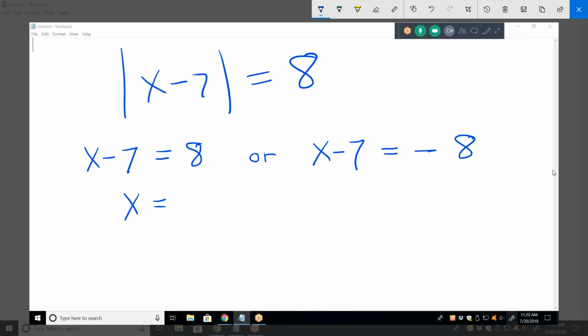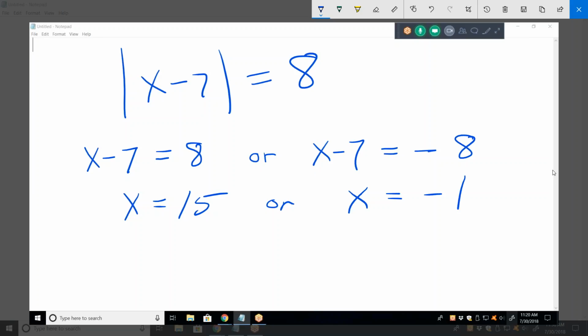Nope, made the same mistake again. Is there two answers? Well there are, but I'm doing the one on the left. Solve the equation on the left. x equals 15, or -1. There you go.